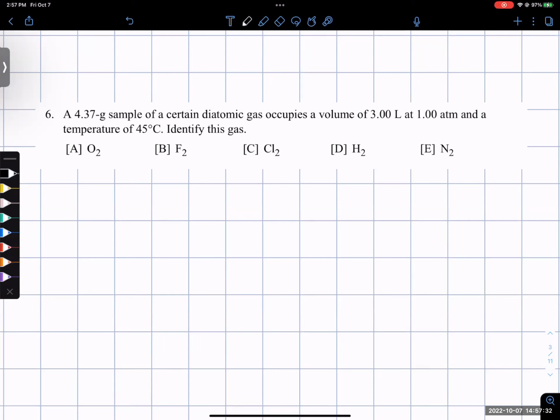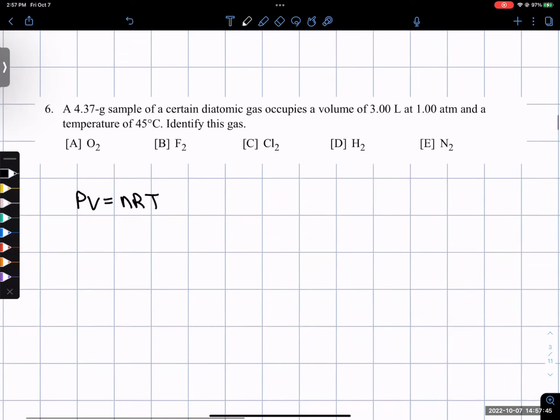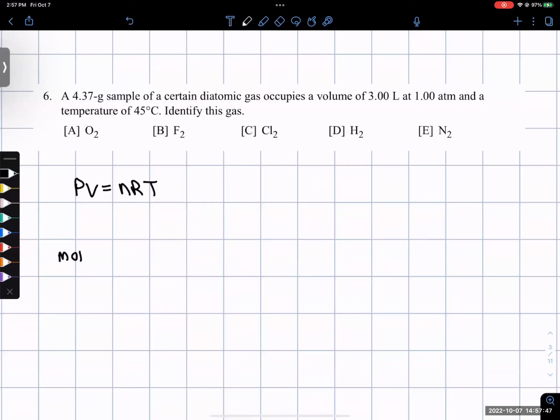Okay. So at first, we know that the ideal gas law says that PV is equal to nRT. And another thing we know is that moles, which we abbreviate n, not M, is equal to the mass of a sample divided by its molar mass.